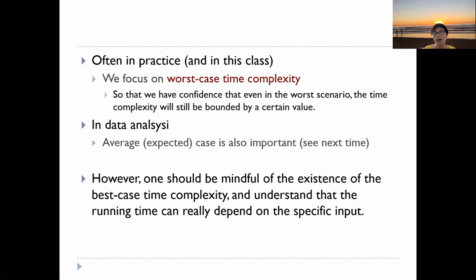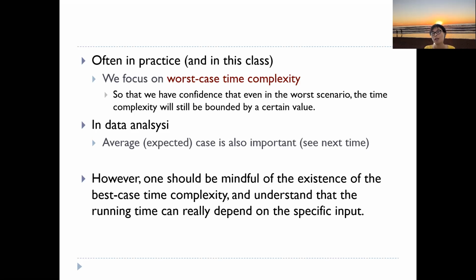Or, to have a better understanding of the performance of an algorithm, I want to know how fast the algorithm can ever run if we get lucky, in which case you want to know the best case time complexity. But still, I would say that in practice, the best case is just for you to get some idea of the real lucky situation.